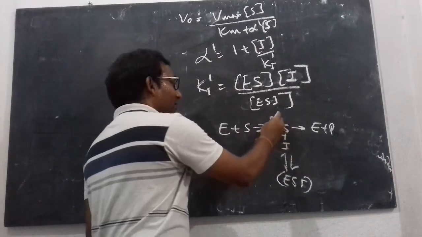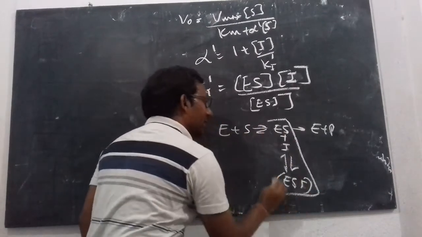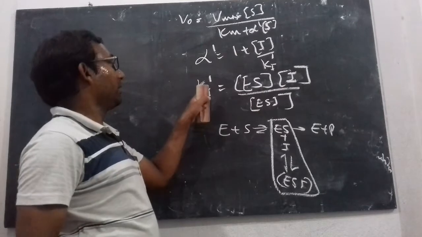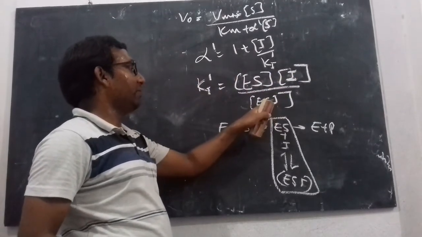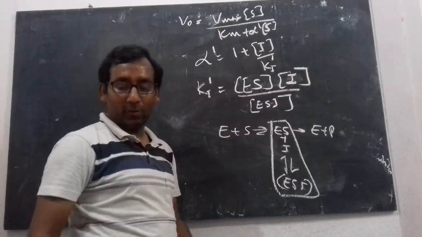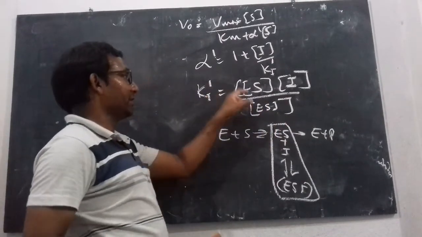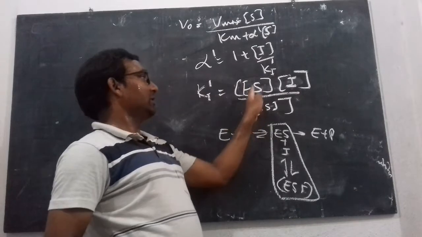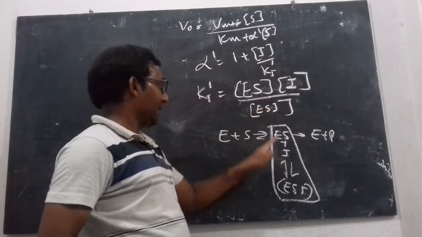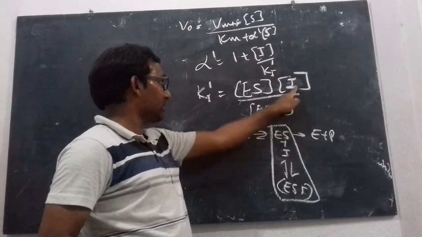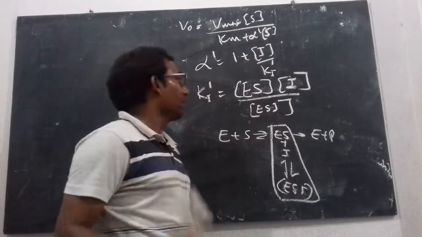If you understand this equation, then you can know how I brought the equilibrium constant Ki dash value. So this was a little bit of rectification I did.